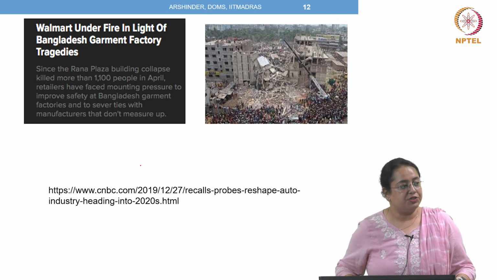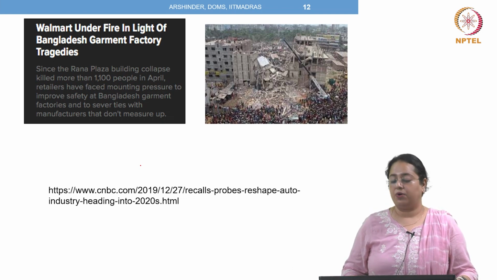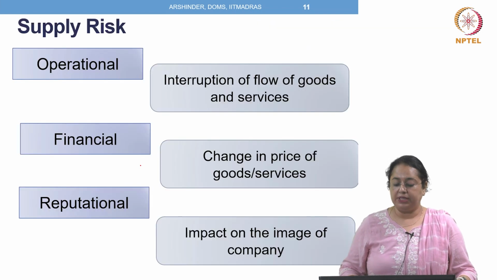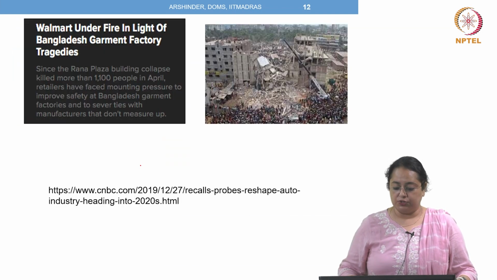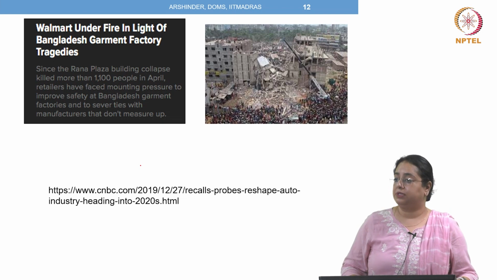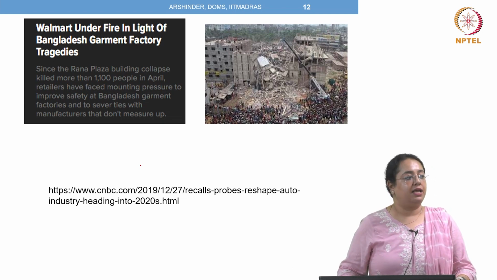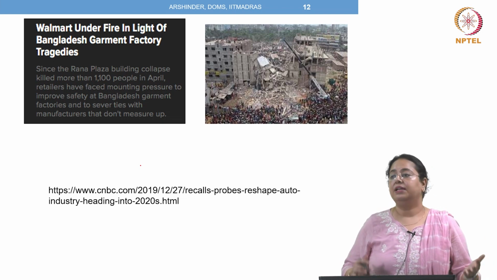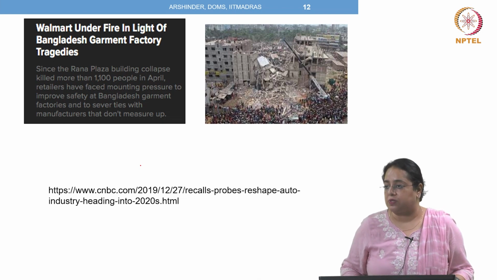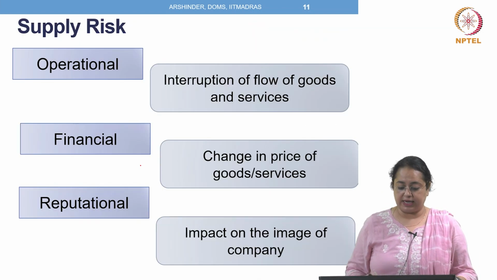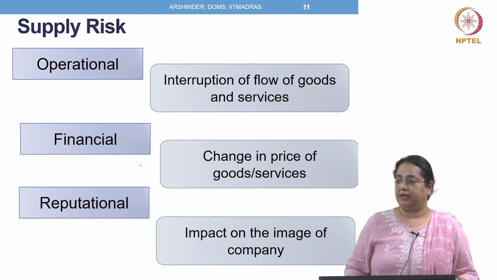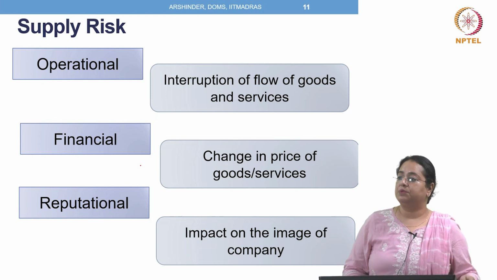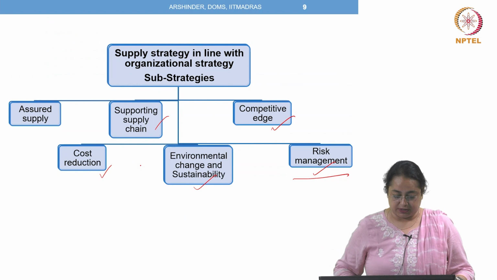So such reputation risks have to be managed with the supply management functions. So this should be the strategy, right? This reputation and image, it is really a big damage for the company also, right? So organization strategy would be affected if your customers stop using the products.